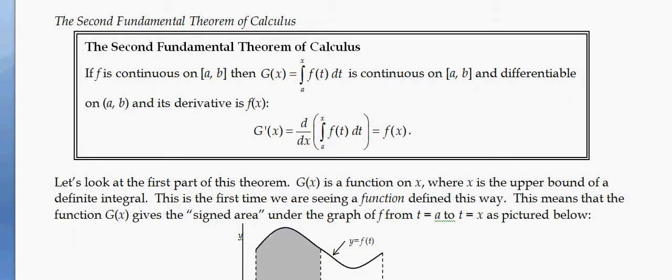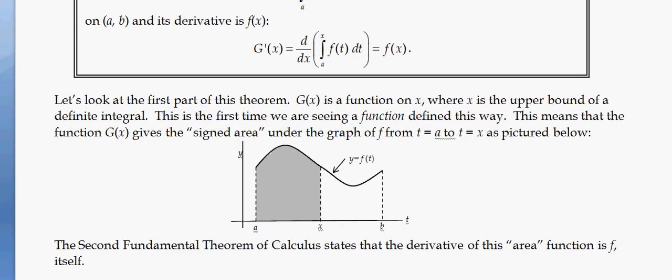Let's make sure we understand what this thing is saying. The first part of the theorem is we define this function capital G, and it's a function. The input is x, right? It's a function, so my independent variable is x, where x is the upper bound. So when we look at this integral, it's the integral from some value a to x under the curve f of t dt.